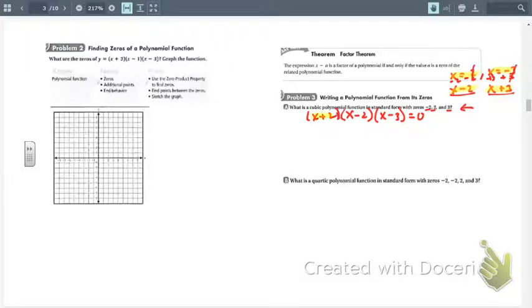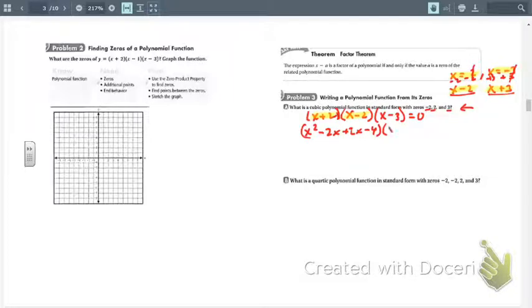Now we have to multiply those factors together, and we're going to do it by FOILing. First times first, x times x gives us x squared. X times negative 2 is a negative 2x. 2 times x is a positive 2x. And then positive 2 and a negative 2 is a negative 4.